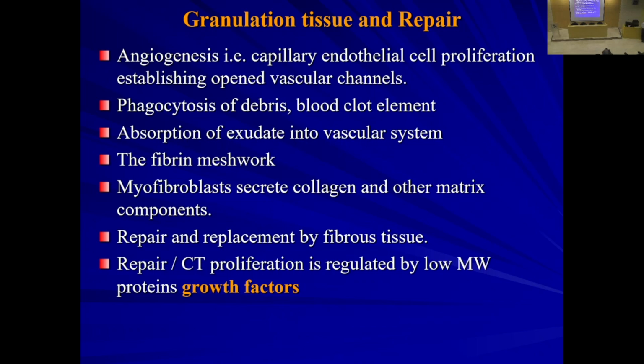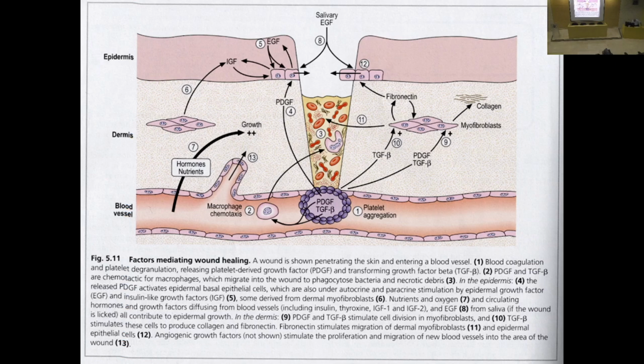There are a number of growth factors involved here, and I will take you through this diagram. It is from your books. If you enlarge it, there is a very good description below that will take you step by step. This is a very beautiful diagram. There is a wound, this wound in the skin. Now this is the epidermis of the skin.